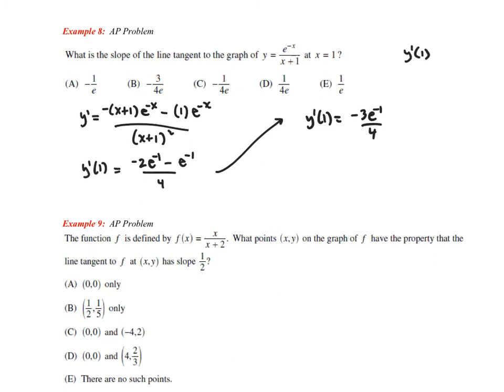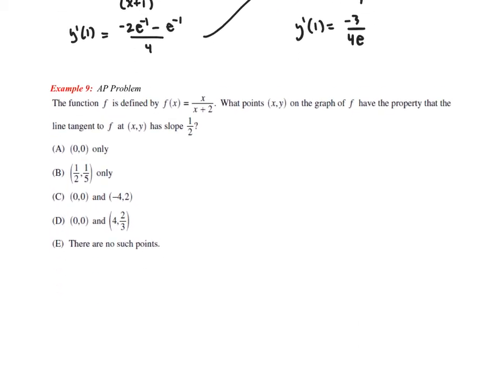Now at this point, you could probably, by process of elimination, see that the answer is B, although that's not in the correct form yet. But I know that e to the negative 1 power is the same as 1 over e, so that would be negative 3 over 4e. That's the slope of the tangent line to that graph at x equals 1.